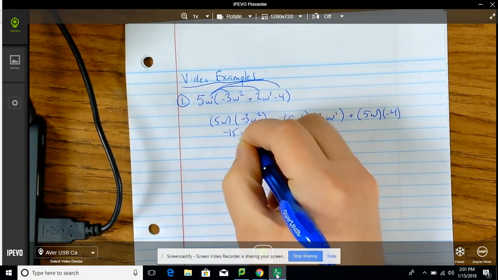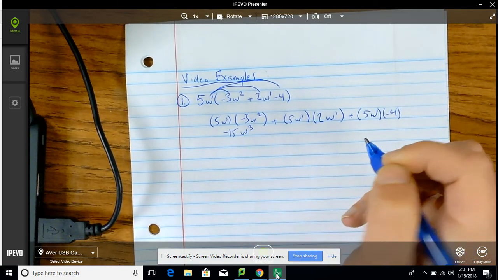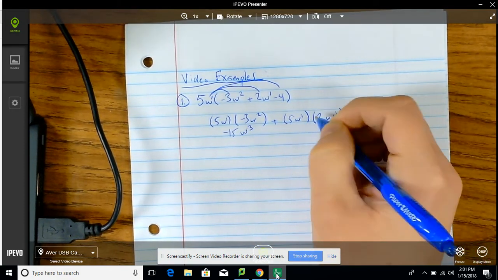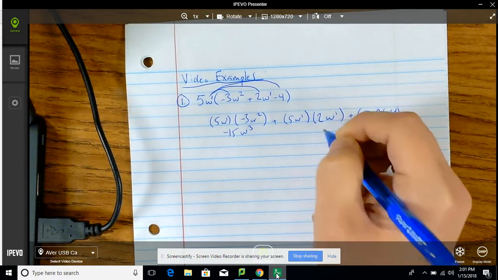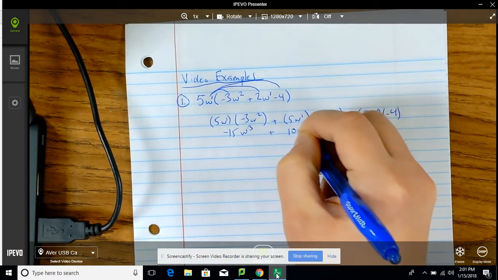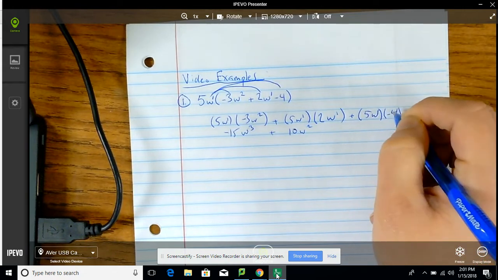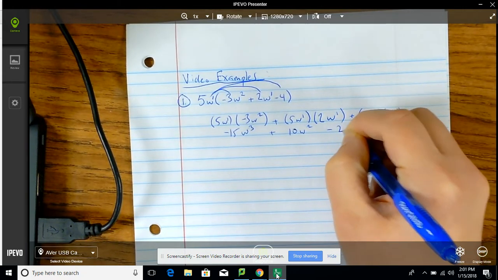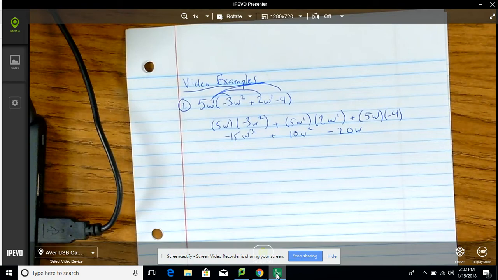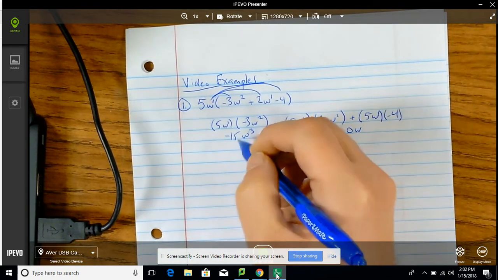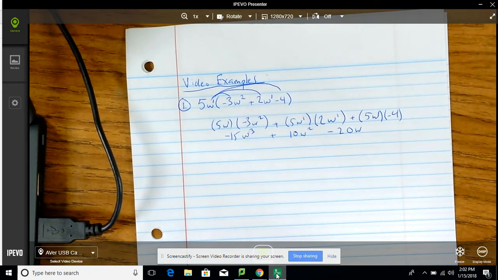Add the exponents, we have w to the third. 5w times 2w is going to be 10w squared, because you add the 1's there. And then 5w times negative 4 is negative 20w. And that's it. And now we are distributed.